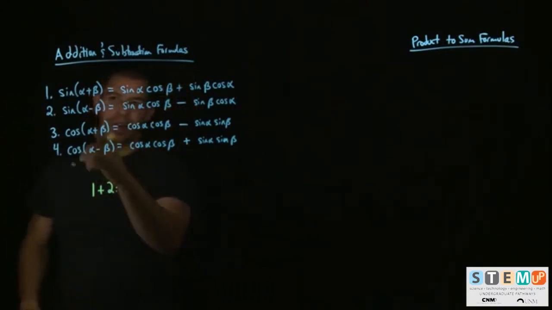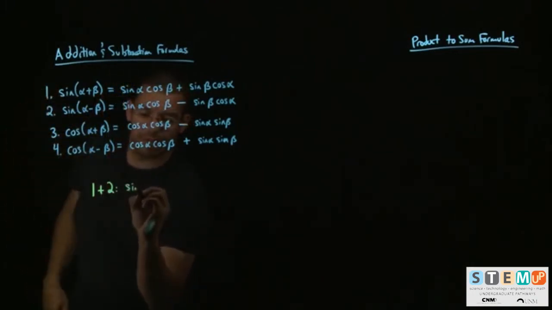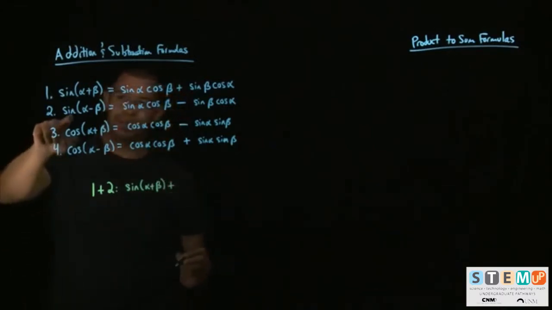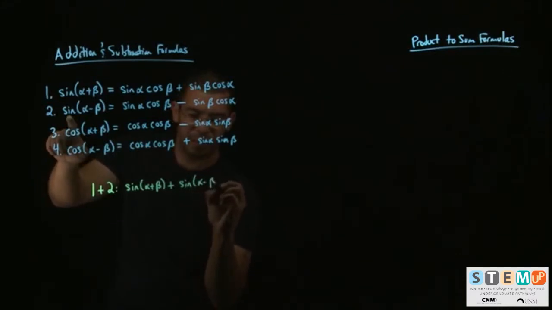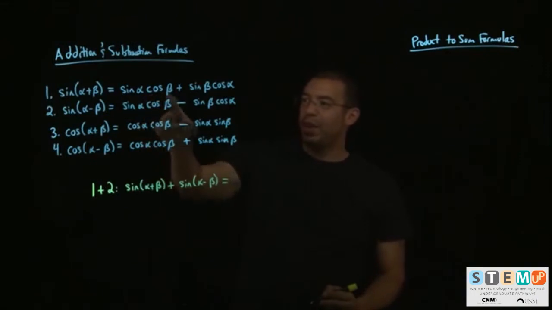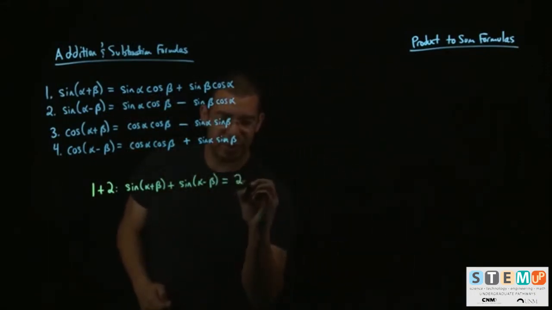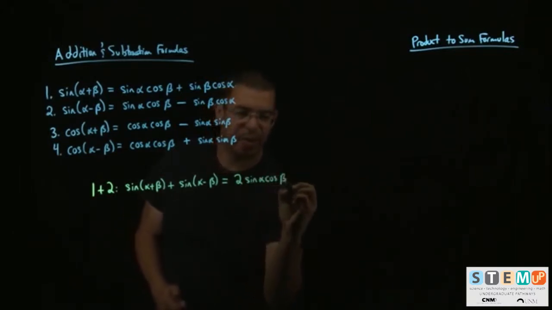Well, we'll have on the left-hand side sine of alpha plus beta plus sine of alpha minus beta. And on the right-hand side, we have sine alpha cosine beta plus the same thing. So we're going to have 2 sine alpha cosine betas.